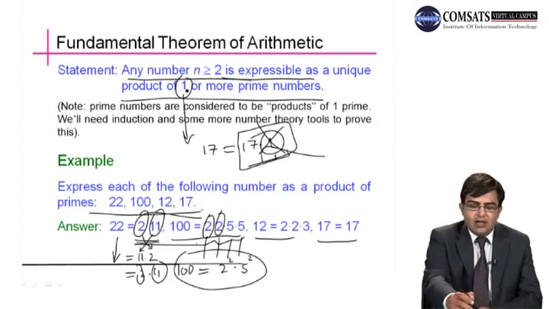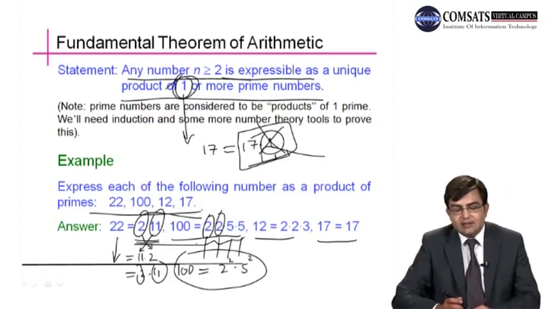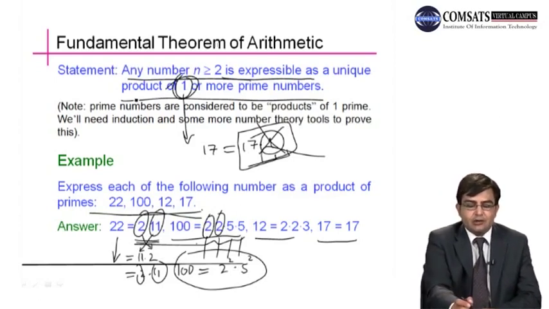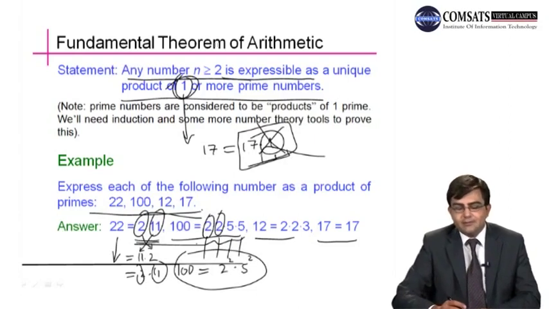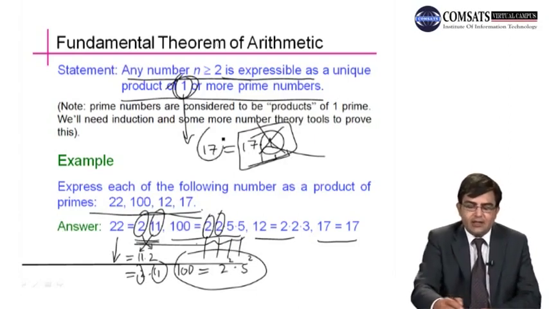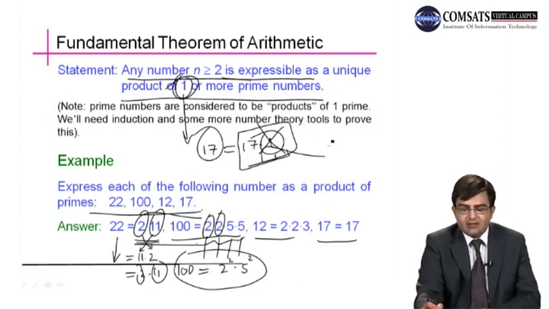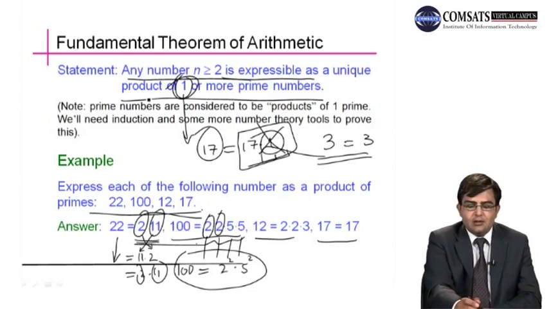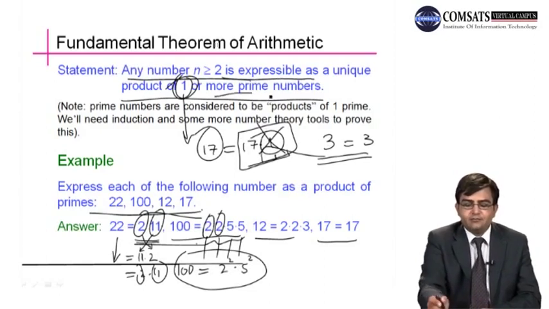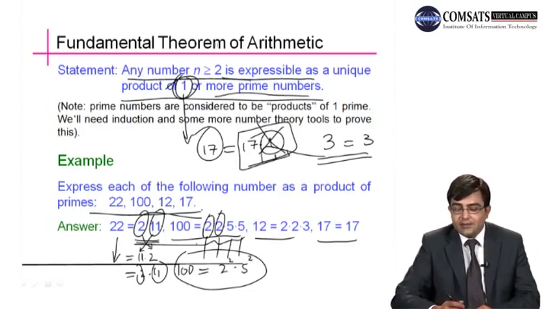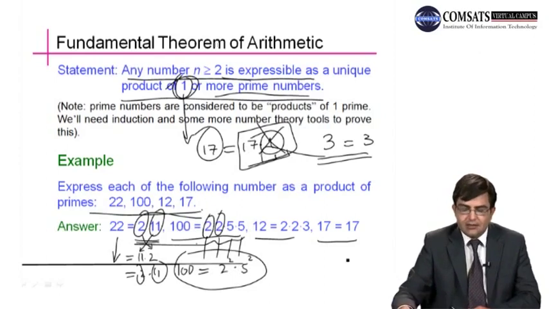That's why the definition says it is expressible as a unique product of one or more prime numbers. If the given number is prime, then it is written simply as itself; for example, 3 is 3. So this is the unique expression of that number in terms of prime numbers.